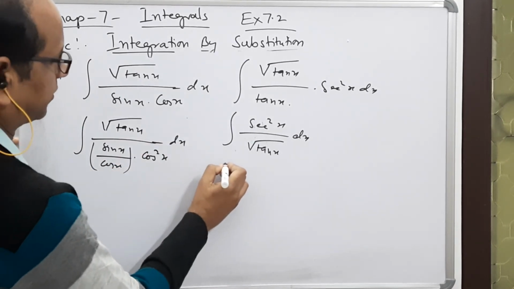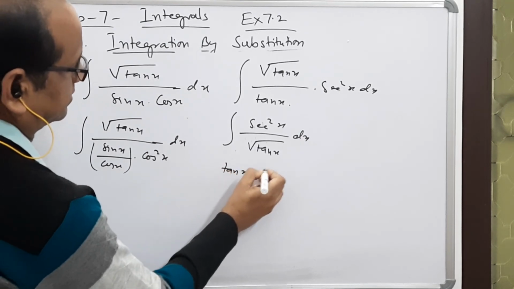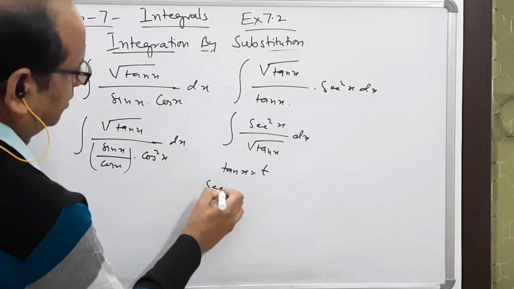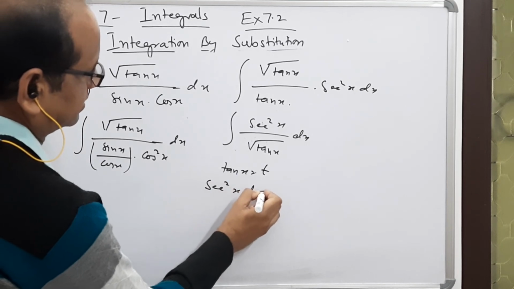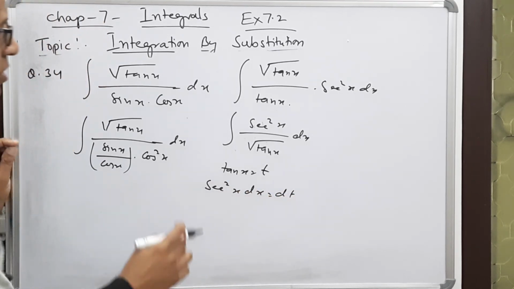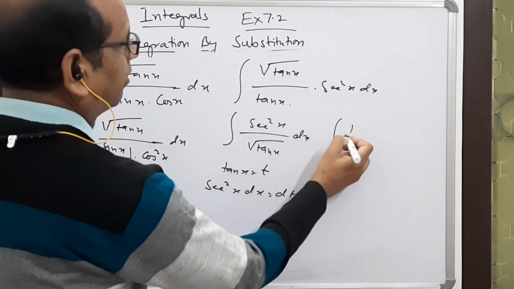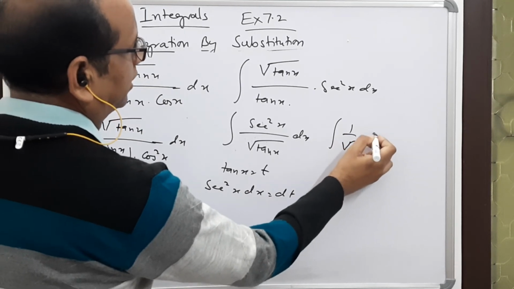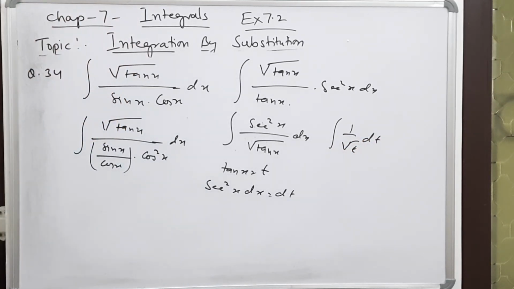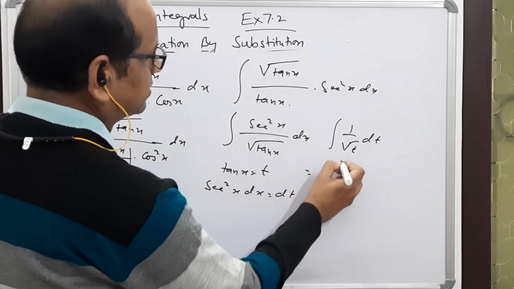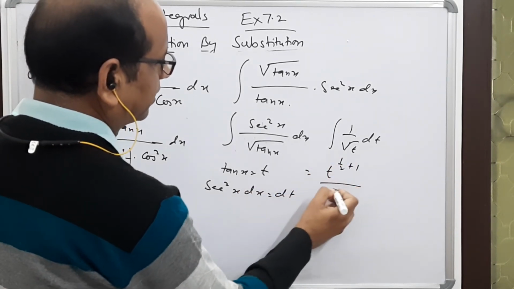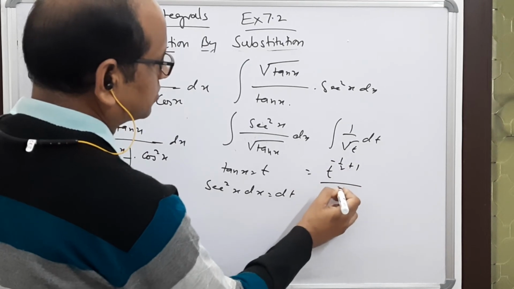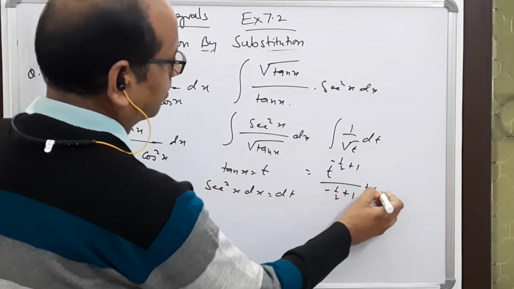And now we can take tan x as t, so the derivative sec square x dx is dt. So this problem will take the form integral 1 upon root t dt. It becomes very simple now. And here the integration of this is t power minus half plus 1 upon minus half plus 1 plus c.